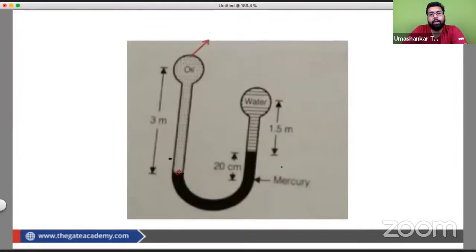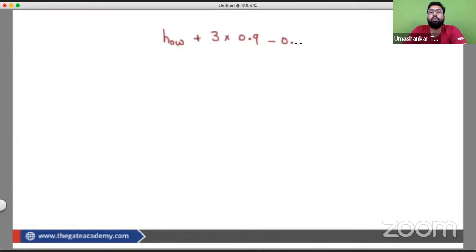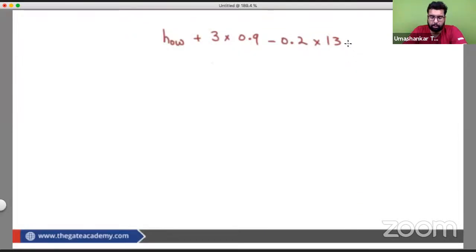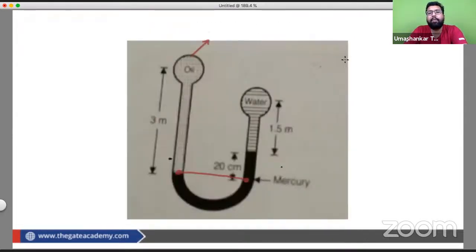Now we reach this point. From this point to this point we are moving in the same fluid, that is mercury, so no need to write anything. Then we are moving upwards, so that is 20 centimeter, 0.2, into the density of mercury, which is given to be 13,550. Converting it into specific gravity, it is 13.55.